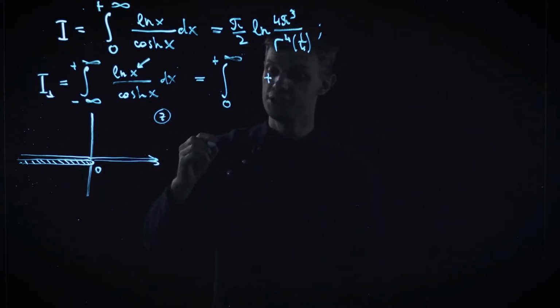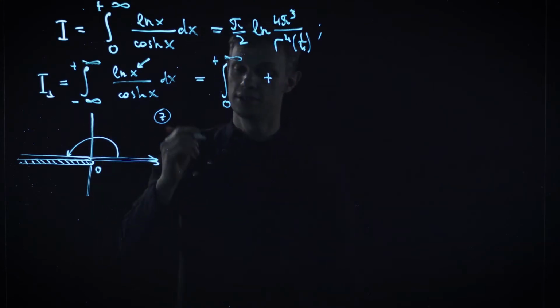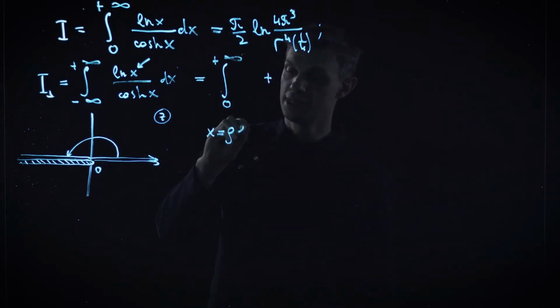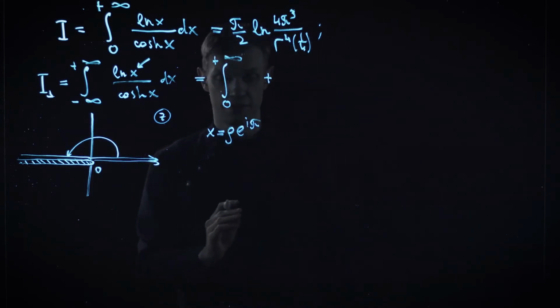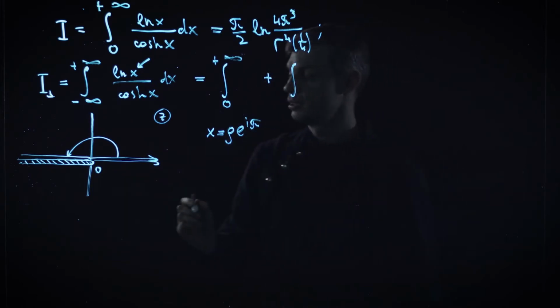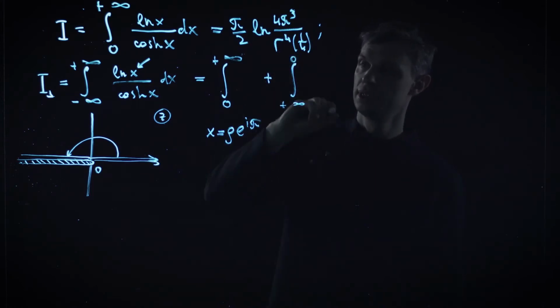But let's actually switch to the representation of this x variable in its exponential form. So x equals rho times e to I pi for the negative part of the contour. And as a result, rho changes from plus infinity to 0.